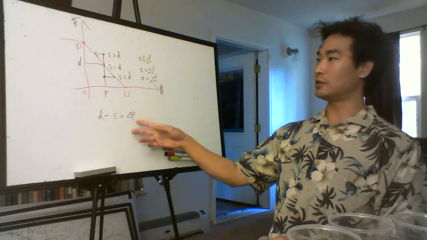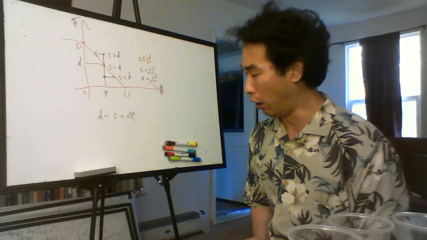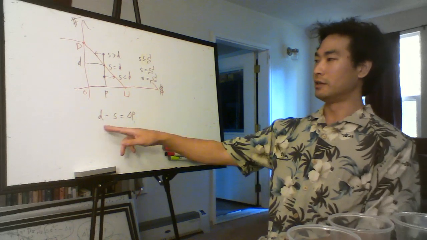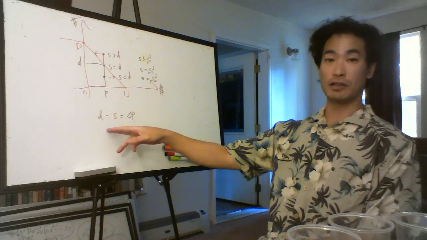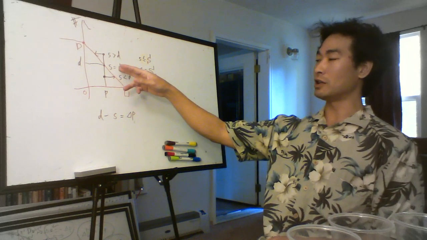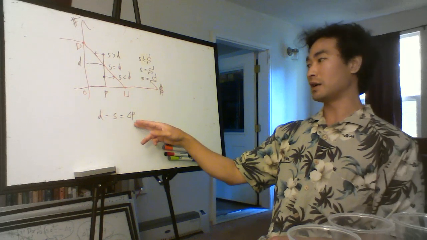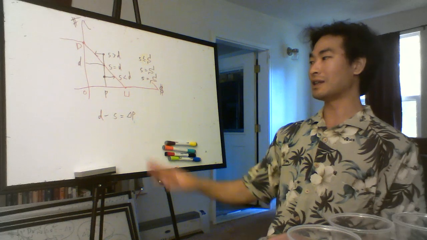So this DSP equation is useful when demand level and supply level are not equal, because if supply and demand are equal, then delta price is zero. S minus D is zero, right? So it's not very interesting.